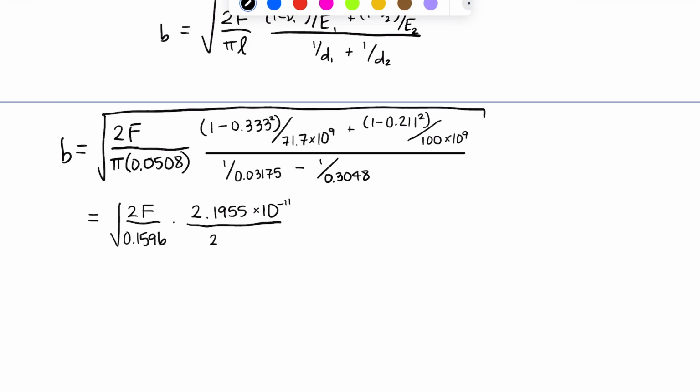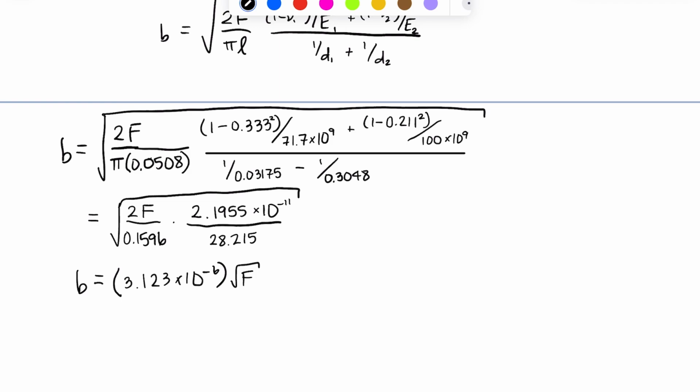And then down here we get 28.215. Right, simplify a little bit further and we end up with 3.123 times 10 to the negative 6 times square root of F. There's an expression for our contact half width of area in terms of F, which is what we want to solve for.